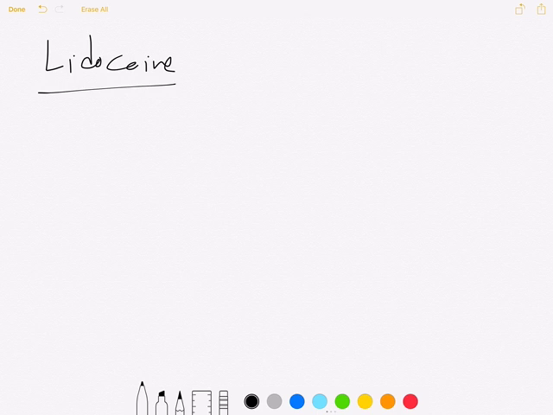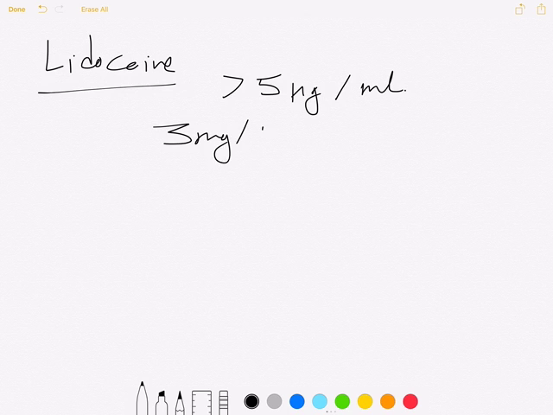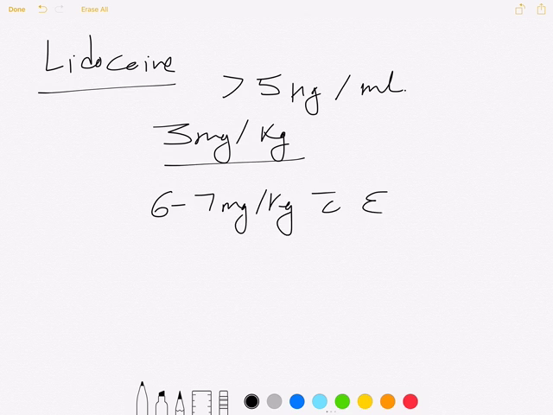Lidocaine's toxic plasma concentration, the concentration at which lidocaine exhibits toxicity, is more than 5 microgram per cc. And they say it's 3 milligram per kilogram body weight without epinephrine, and 6 to 7 milligram per kilo with epinephrine. Now this is different in different books, but that's what they give you. They give you a range.